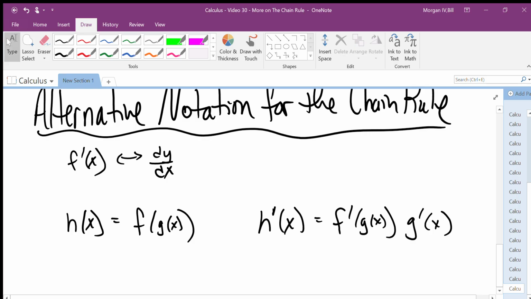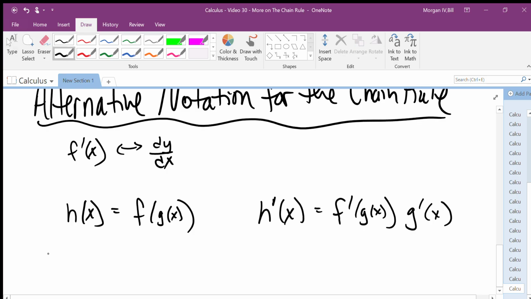The first thing I want to think about is, let me back up. Let's let u equal g of x. And so instead of having our inside function be g of x, think about that as just the letter u, where u is some function of x, right?